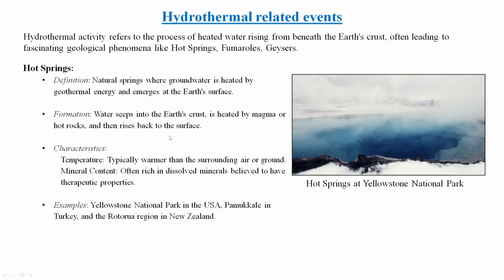The water seeps into the earth crust and is heated by magma or hot rocks, typically warmer than the surrounding air or ground, like we see in the geothermal springs in Yellowstone National Park in USA, and there are several hot springs present in different parts of India as well. There have been certain reports recently from the Ladakh Himalaya region, where there have been reports of hot springs in 2-3 districts in the Ladakh region.